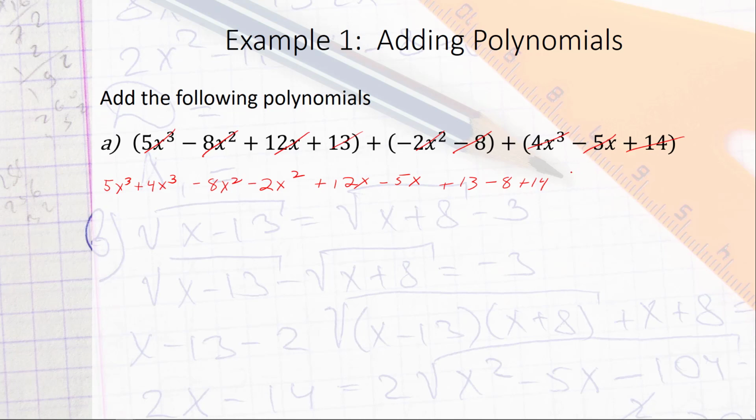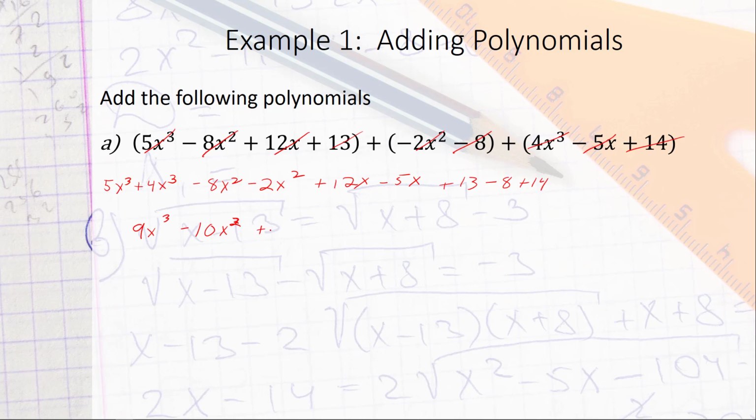Okay. Now we can combine all of the like terms. Here we have 5x cubed plus 4x cubed. That is 9x cubed. Here we have negative 8x squared minus 2x squared. That is minus 10x squared, I apologize. That's a square there. Here we have 12x minus 5x.